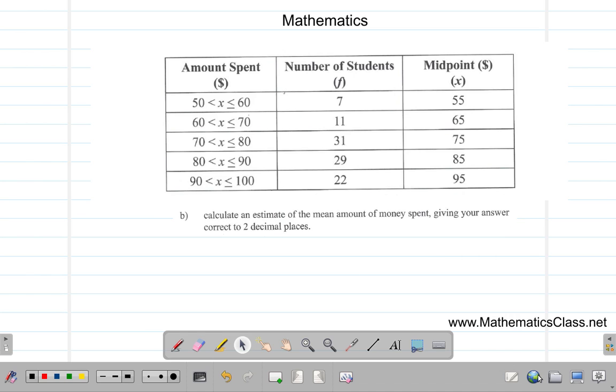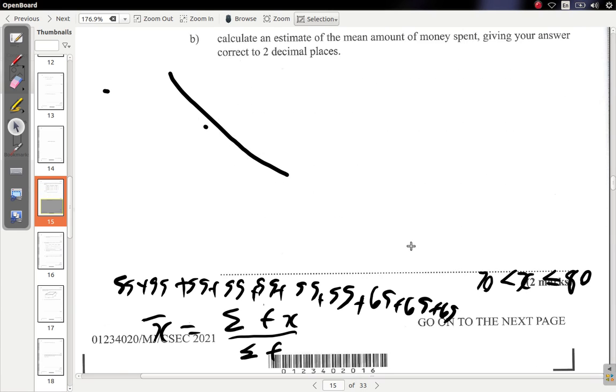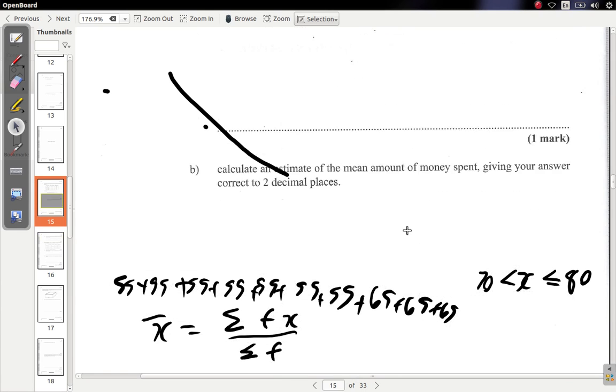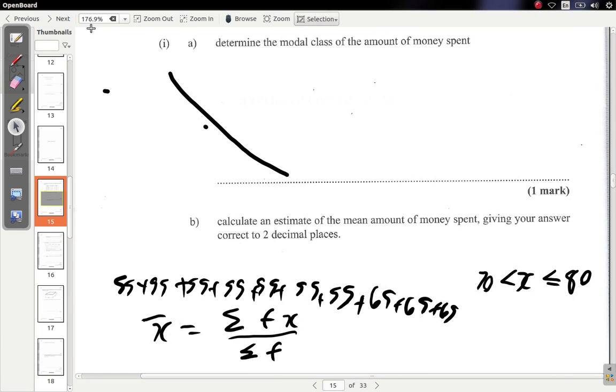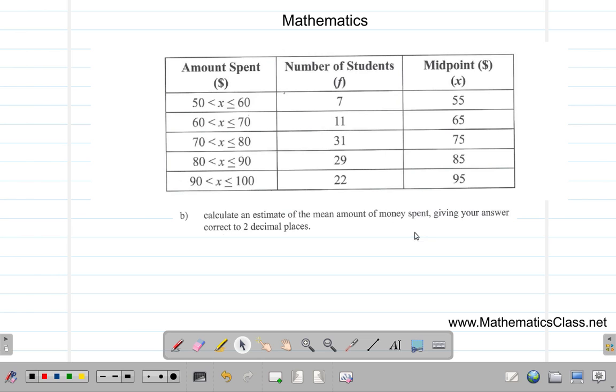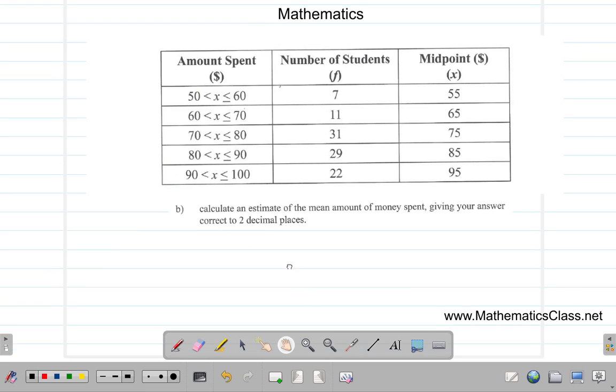You want an estimate of the mean. Now, here, what you're going to do is this.